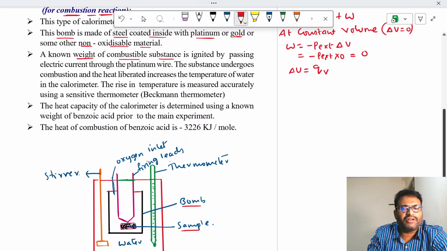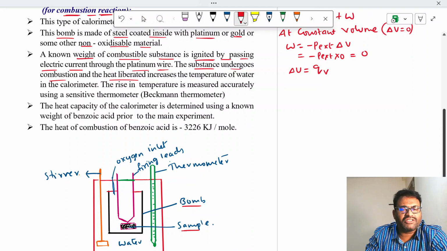The sample is ignited, burnt or combusted by passing electric current through platinum wires. The substance undergoes combustion, and the heat liberated increases the temperature of the water in the calorimeter.